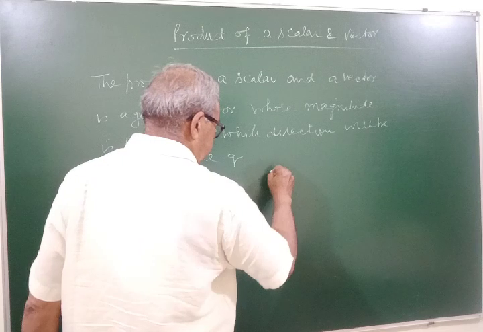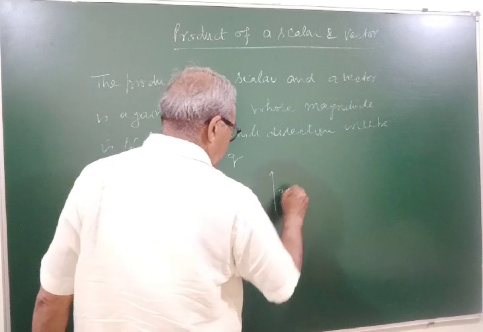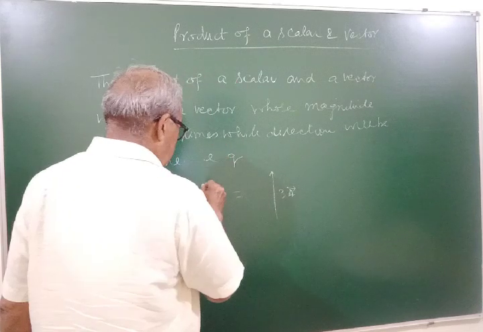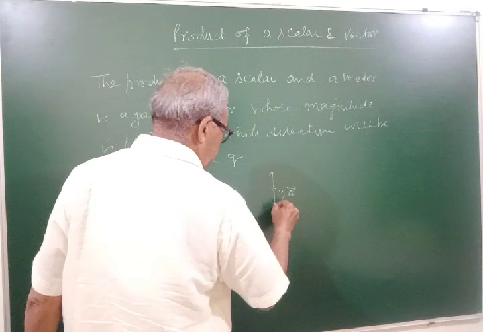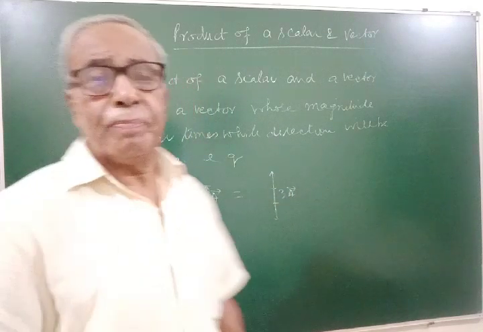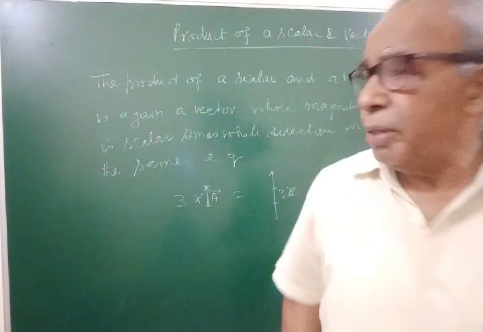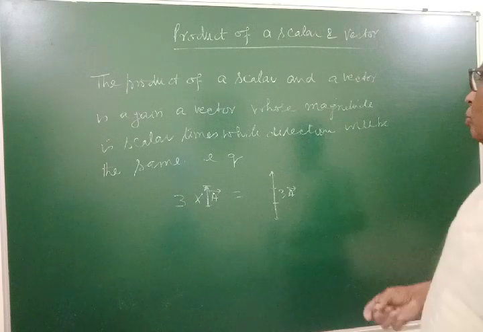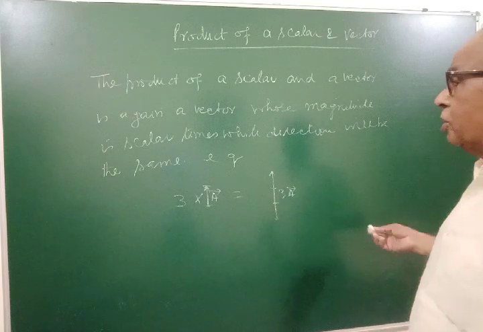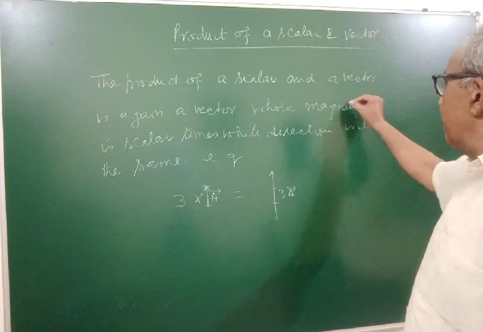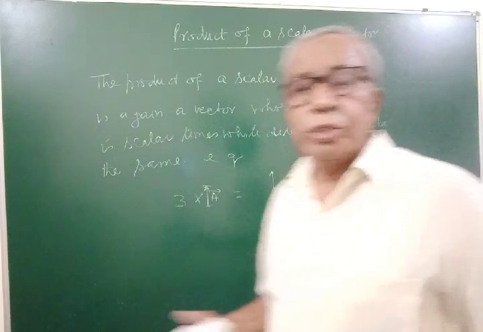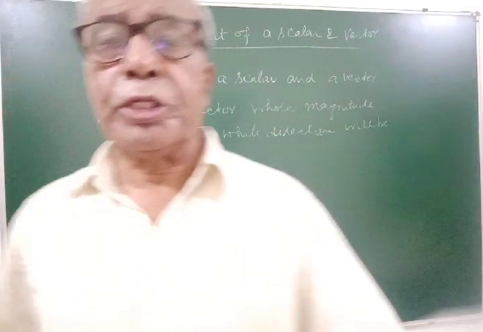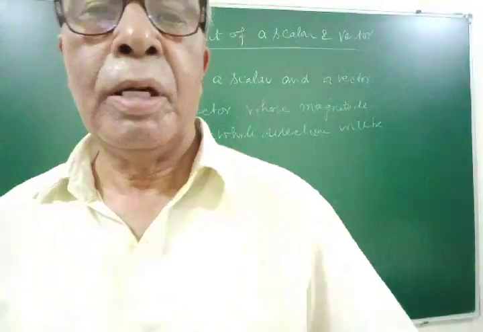So 3A will be like this. This magnitude becomes 3 times this: 1, 2, 3. So what is the product of a scalar and a vector? It is again a vector whose magnitude is scalar times, while the direction remains the same. This is a simple idea. We will use it many times.